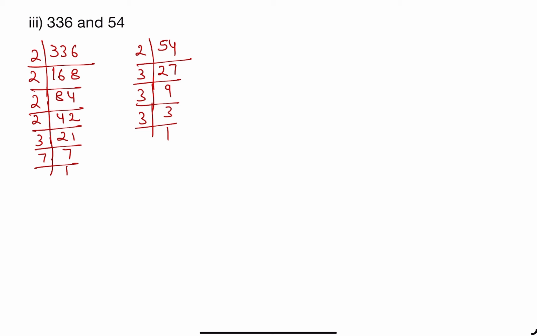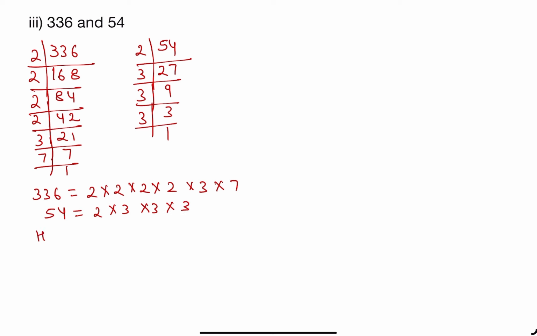So prime factors of 336, 2 into 2 into 2 into 2, 4 times 2, into 3 into 7. And for 54, prime factors is equal to 2 into 3 into 3 into 3, 3 times 3. So HCF is equal to the common numbers, so 2 and here 3. So 2 into 3 is equal to 6.